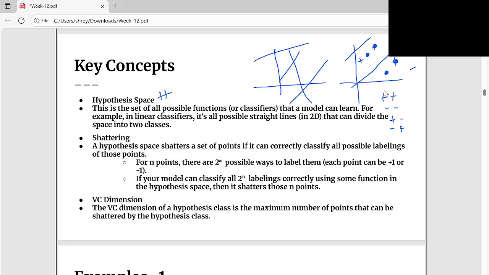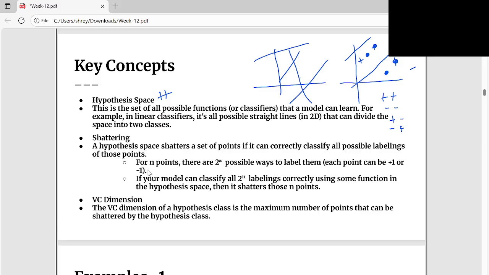Set means I am defining this set of n points, if it can correctly classify all possible labelings of those points. So if any line can classify any labeling correctly, it means this hypothesis can shatter these 2 points easily. No problem with that.